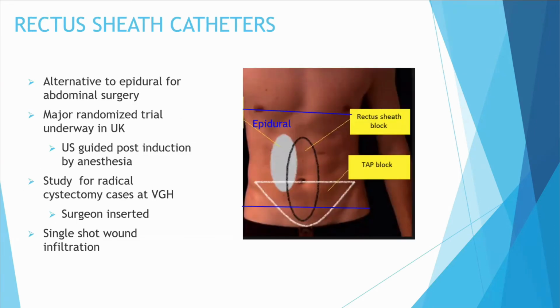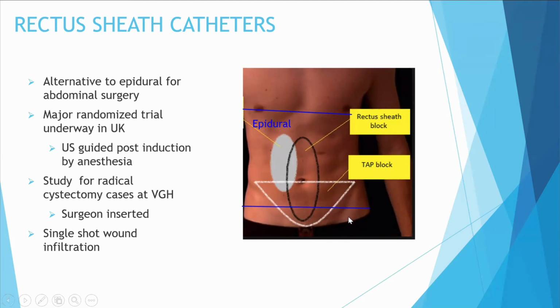There are some different options out there that most of you are familiar with. As I said, certainly in the radical cystectomies, we were involved in a trial with using rectus sheath blocks. The key with this slide is just to remember that with rectus sheath blocks, it's a fairly narrow area of analgesia that's being covered, whereas with the epidural, much wider area, and it covers the visceral pain significantly.